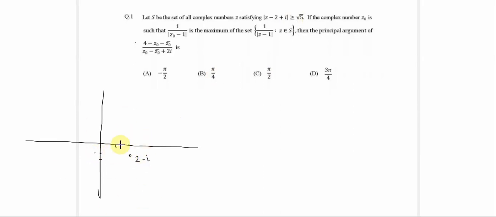Okay, let's roughly draw the circle here. Okay, this is going to be a circle, and all points outside the circle are in the set S.